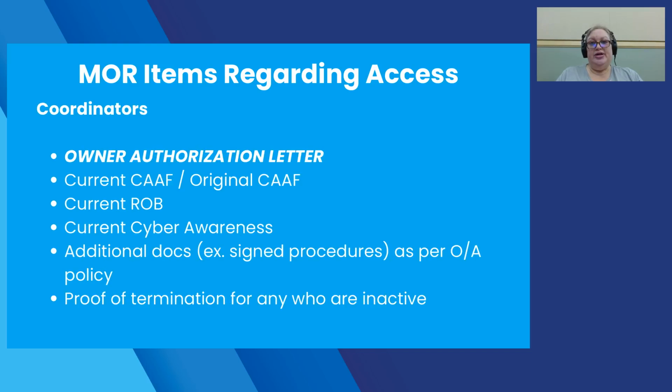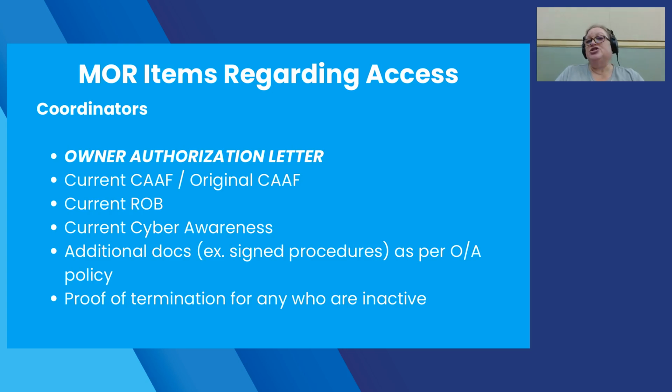For coordinators, the single biggest thing you need to make sure is in that file is the owner authorization letter. And remember, if your management company has changed recently, or if there is a new coordinator, you need to make sure there is an owner authorization letter for accessing that system in your EIV documentation.